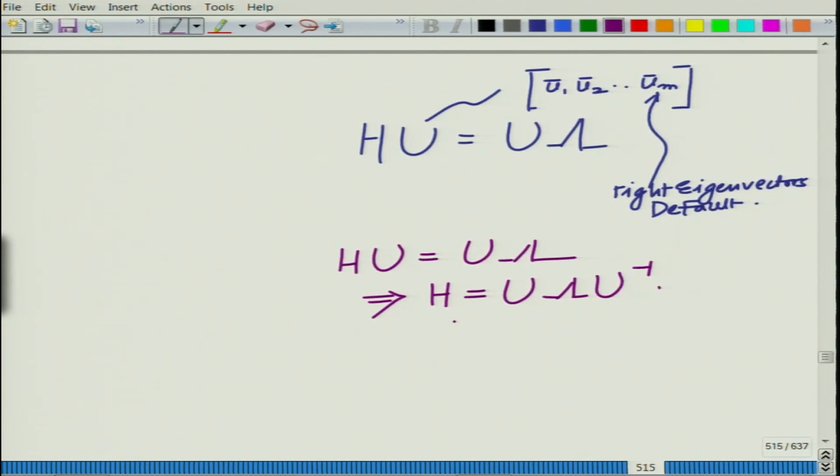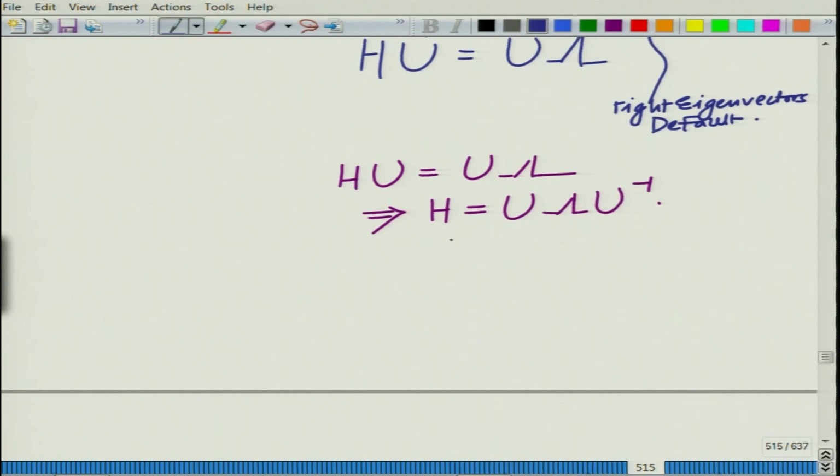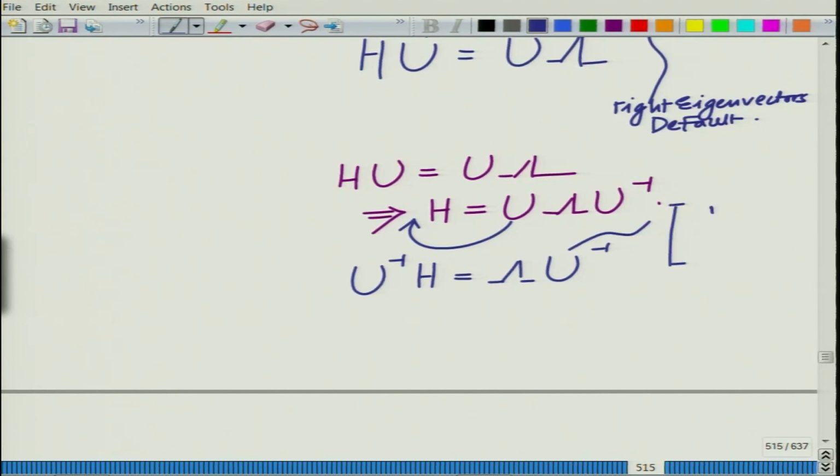Now, there is also a notion in which you can define the left eigenvector. If you take U inverse on the left, you will have U inverse H equals lambda U inverse. If you think of this U inverse as comprising the rows w1 bar transpose, w2 bar transpose, up to wm bar transpose, then each wi bar transpose times H equals lambda i wi bar transpose.